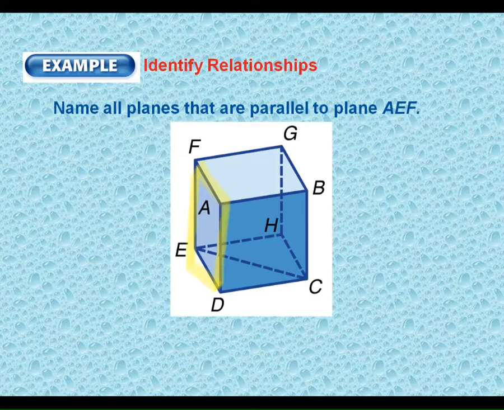GBC, yep, that would work. We're looking at this plane on the side here, right? GBC, BCH, CHG, any of those would work. That's a plane that's parallel to that, right? Those planes extend forever. They would never cross. In this figure, that's the only plane parallel to that one. So we have parallel planes there.